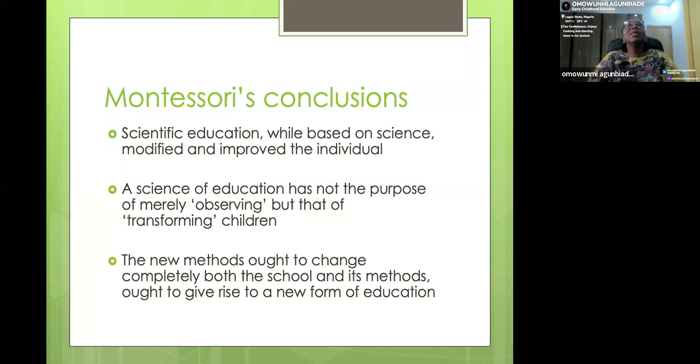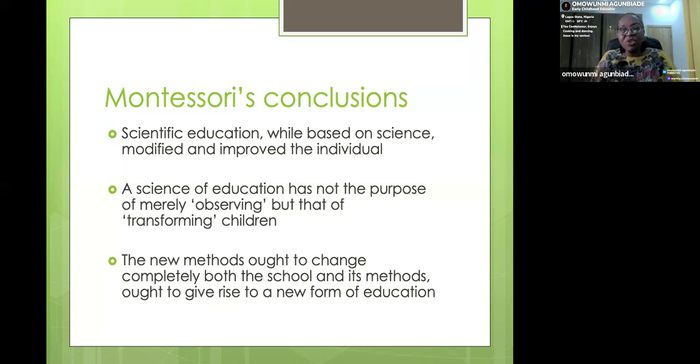In fact, she expanded the knowledge of education for people to see it as being scientific. In other words, a whole lot of exploration, a whole lot of research work. And that's what we mean when we talk about pedagogy. It's a science, a method, and a science of practice.